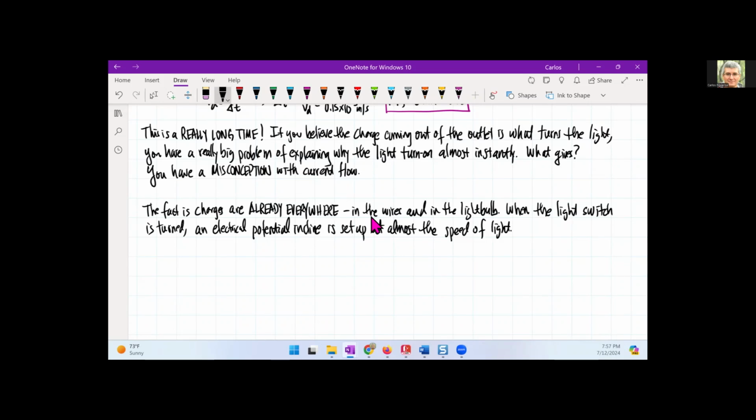For intents and purposes, we'll say that it's instantaneous, even though it's not.